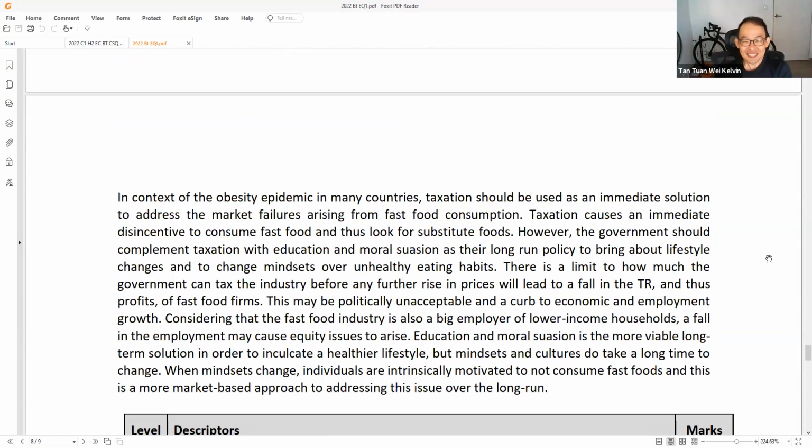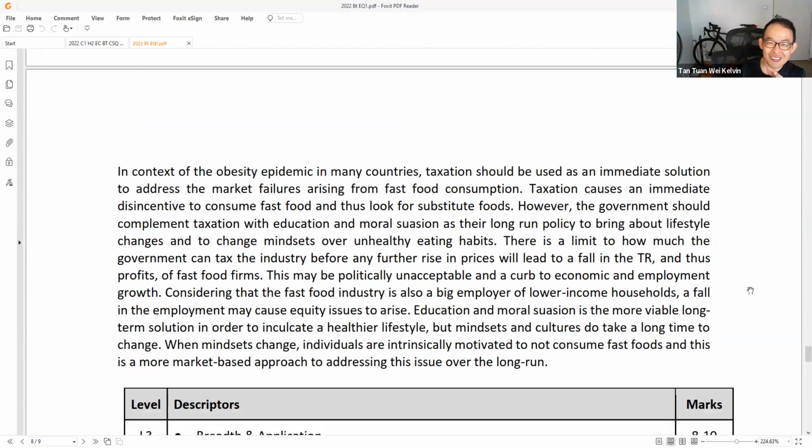Any questions? Yeah, this conclusion is very good. I recommend you all read it. The point is this: when you write a conclusion, address it based on the context, fast food. Show that you are thinking about the question.